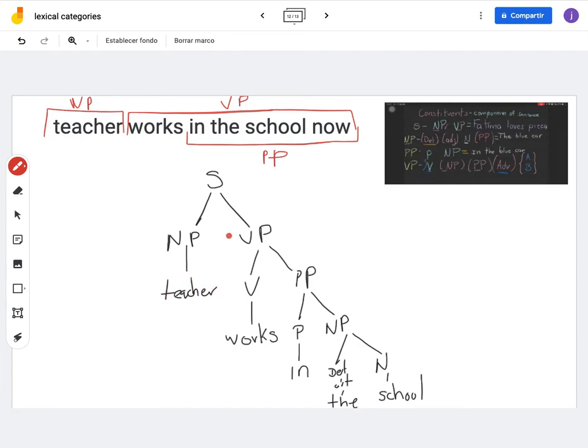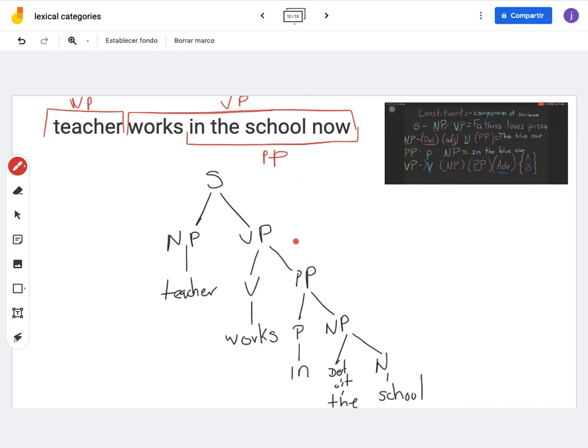Now we put VP, that means verb phrase, that contains a verb phrase and a prepositional phrase.